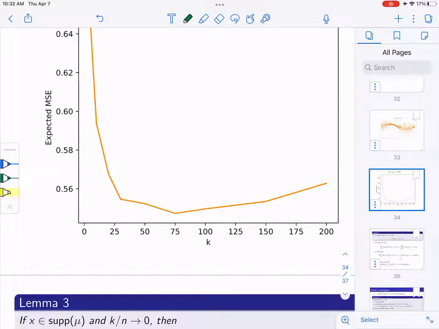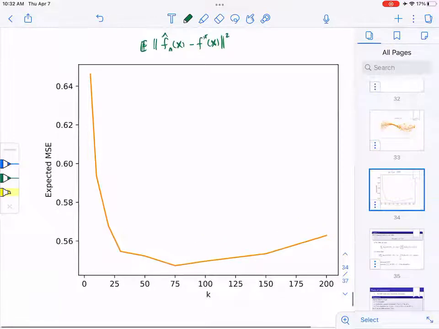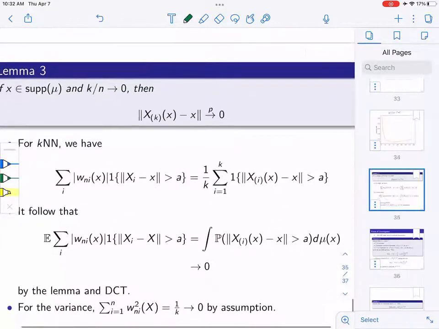But generally speaking, you can see it basically goes to infinity when k is 1, but it sharply drops once you increase k a little bit. Then you have a fairly flat region, and it slowly goes up. It's an interesting behavior.